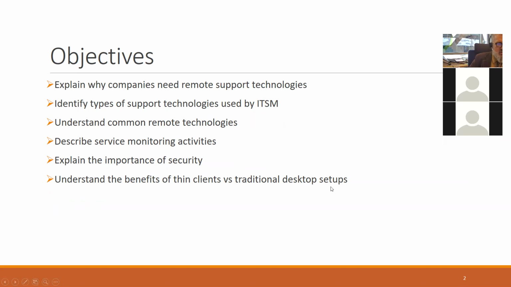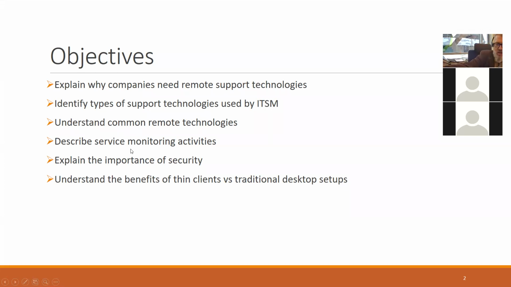In the context of the service desk, we want to remotely support our customers who we're providing a service for. So, how can we be in the service desk and support them using the technologies that we have? What are some technologies that will help us to reach out to customers at some distance from us and provide a support to them? So that's the context we want to keep.